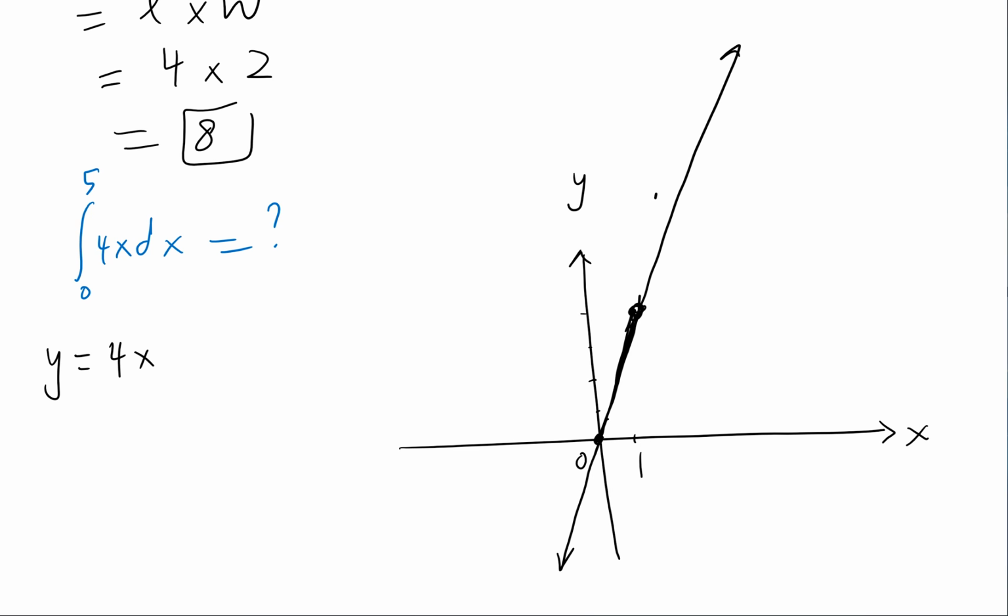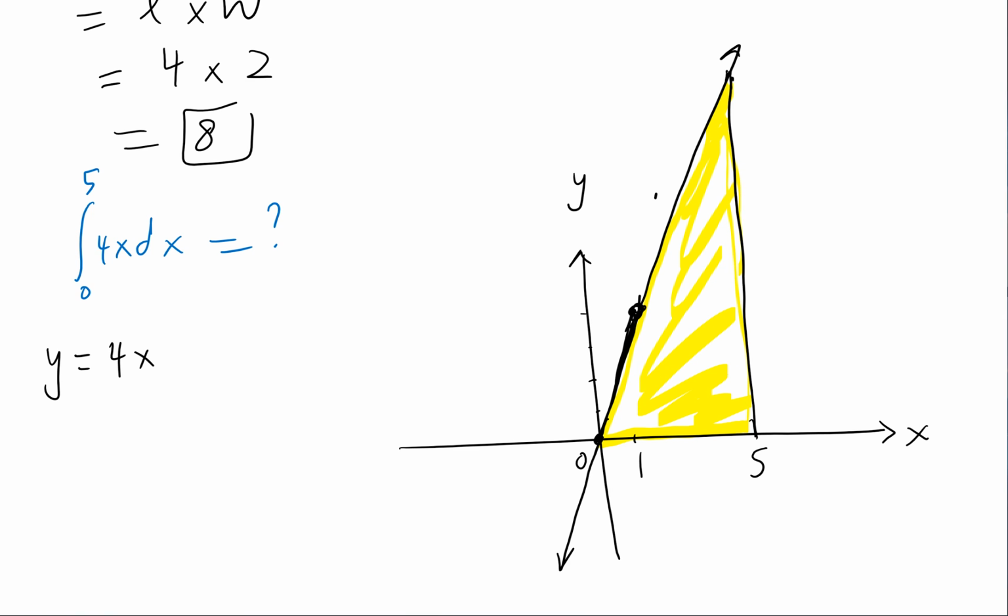Say 5 is here. That would be this region here.